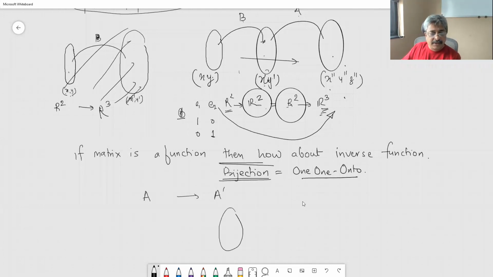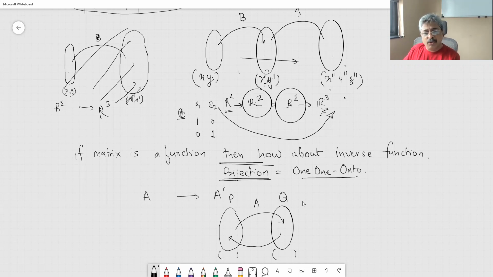A is a matrix means from domain to codomain, matrix A is operating, and this is, say, whatever variables you have here, and now you are thinking of going from, say, set P to set Q. A is operating.